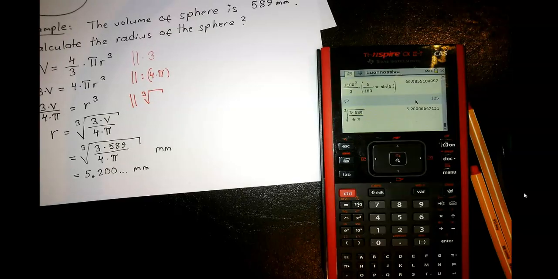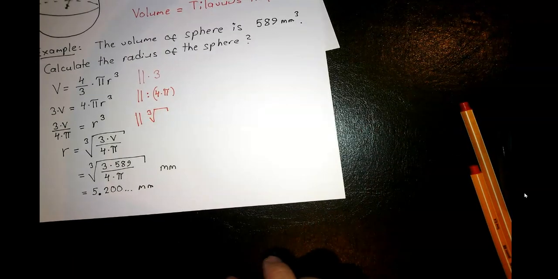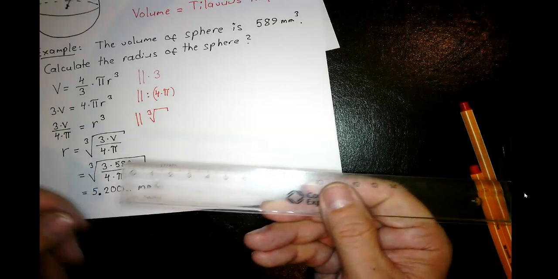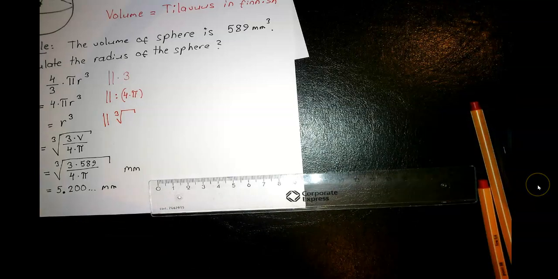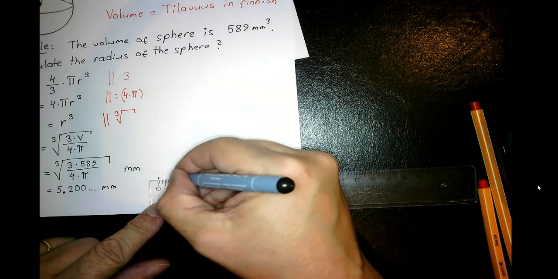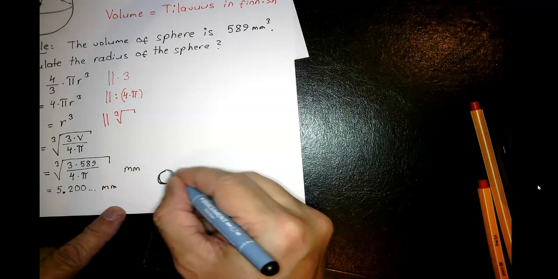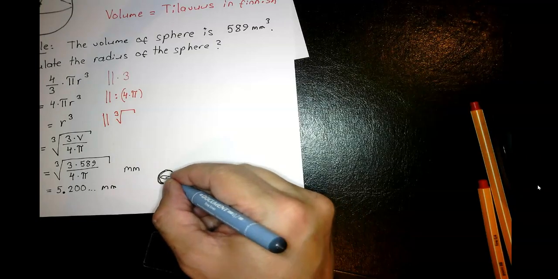But yes, it is possible, because this means that the radius of the ball or radius of the sphere is 5 millimeters. So here I have my ruler. So in this case, the ball is about this size. Very small.